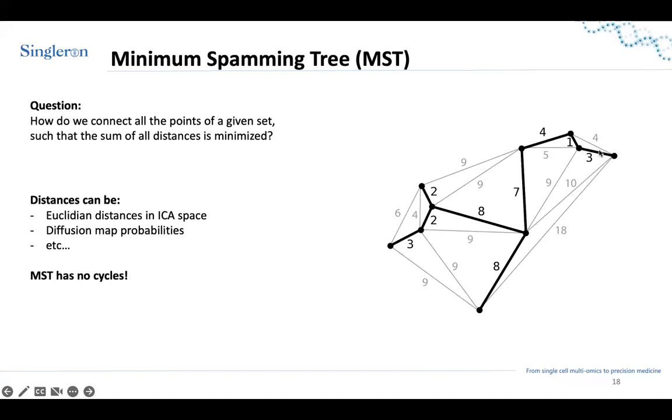So if you imagine that you change this connection, for example, this one here to this one, then the distance that was initially 8 would increase to 9, and this would increase the sum of the distances by 1 unit. So you see that this plain bold tree is the one that minimizes the sum of the distances.